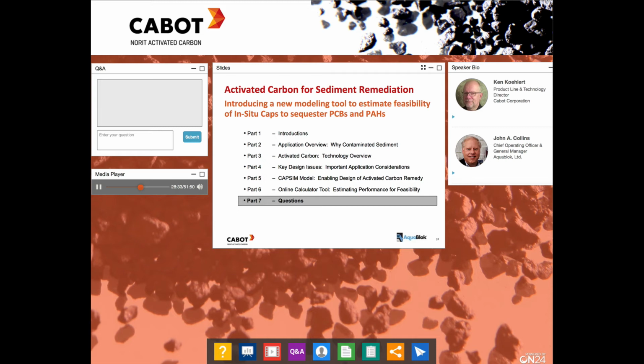Both companies, both Cabot and AquaBlok, have different types of materials that are available for different types of applications. Cabot has done a fair amount of work in that area and can provide some information on that for activated carbon.